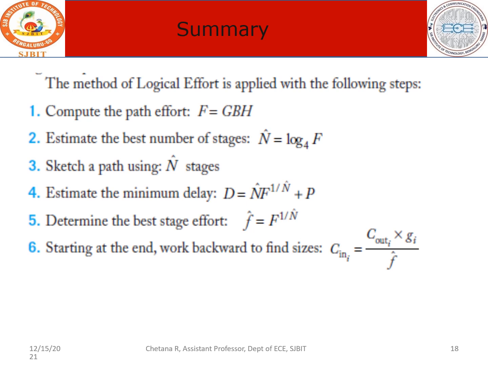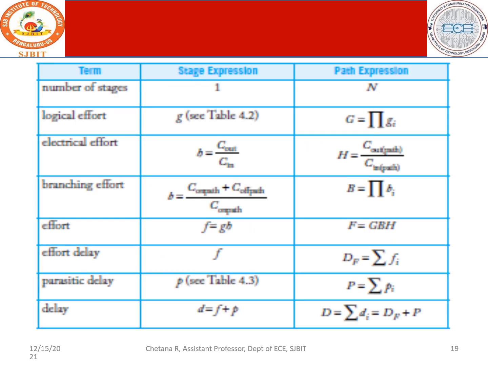Find the inverter input size, which is calculated as total capacitance into the logical effort divided by fan out. Substitute the necessary formulas to calculate, and as I told you, please also refer to the examples given in the textbook.